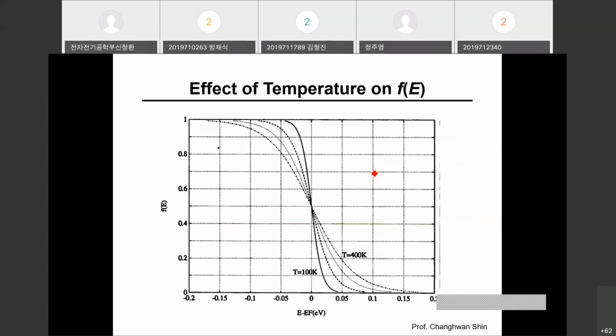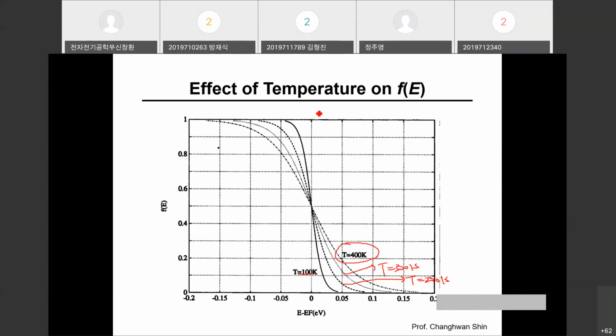However, the DRAM module and flash memory work at different temperatures, right? So we need to understand the Fermi function as a function of temperature. So herein, the temperature T may be 400 Kelvin, 300 Kelvin, 200 Kelvin and 100 Kelvin.